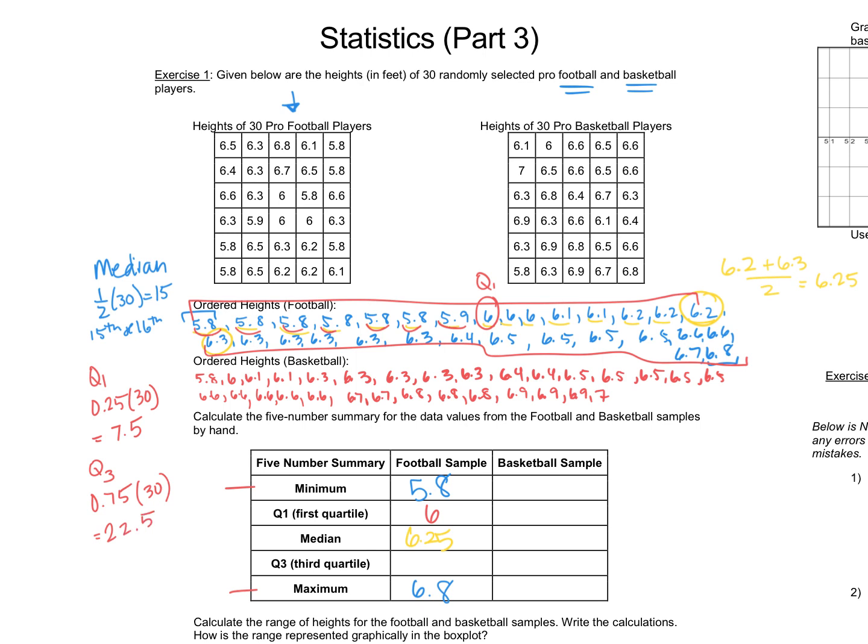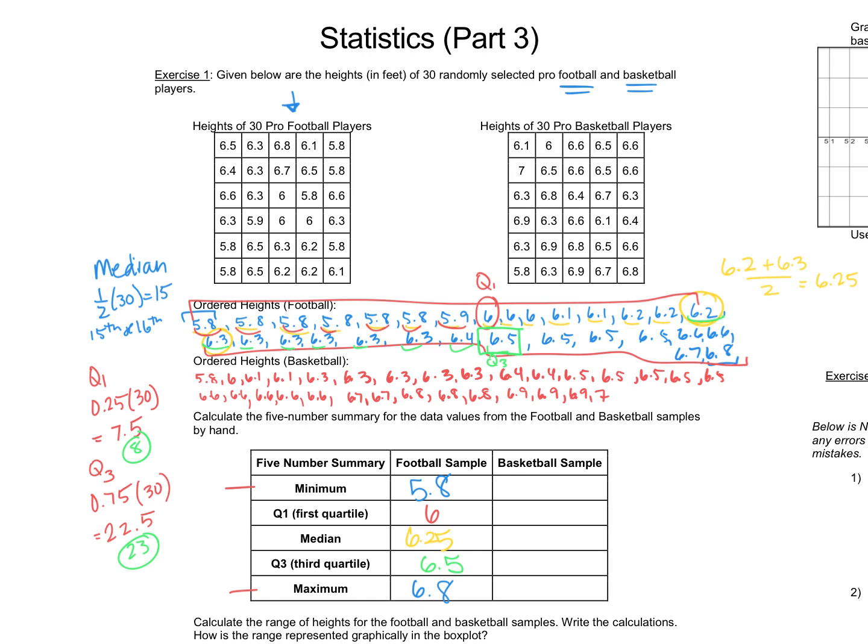So again, we're going to round up to 23. So it will be the 23rd spot, just like 7.5 was the 8th spot. So counting, we already know that that was 15 at 6.2. So 16, 17, 18, 19, 20, 21, 22, 23 is right here at 6.5. That would be our Q3, and that would be 6.5.